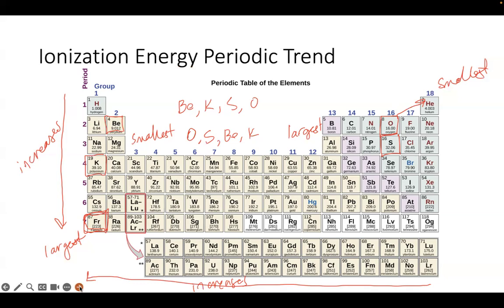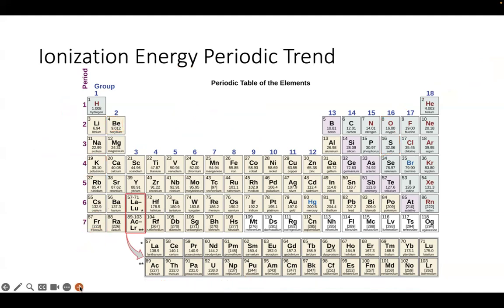So another trend we have is ionization energy, and it is the complete opposite of atomic size. It increases as we go up and to the right. The noble gases are those that are in this last category.